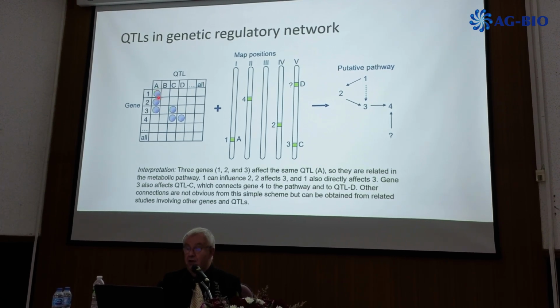In other words, you can see multiple genes are involved to make one QTL, but also different QTLs can control the expression or the product of one gene. In other words, you end up with a regulatory network which is a lot more complicated when you have quantitative trait loci.